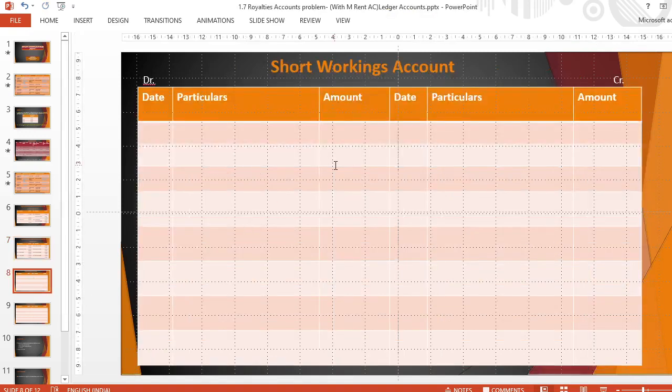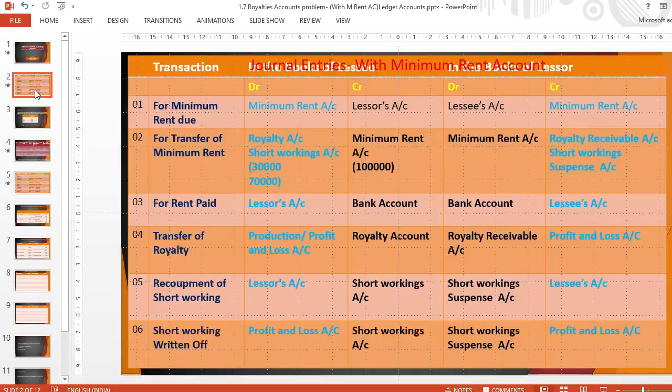And the next ledger account is short workings account. In case of short working, the first transaction is transfer of minimum rent, then short working recoupment and short working written off. So totally we have three entries in short workings account. The first one, transfer of minimum rent.